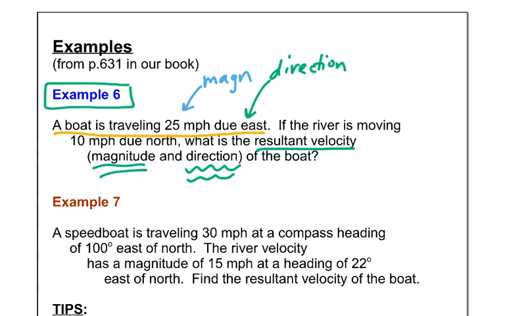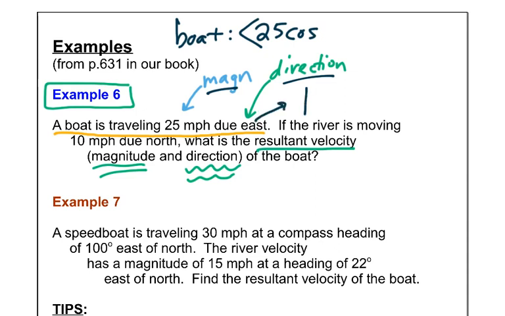Okay, so why don't we turn the boat into an actual vector. So here's our boat. Now remember, if you're given a magnitude and a direction, we have a brand new way of writing this in component form using trig. Remember, it was magnitude times the cosine of the direction angle, and it's going east.